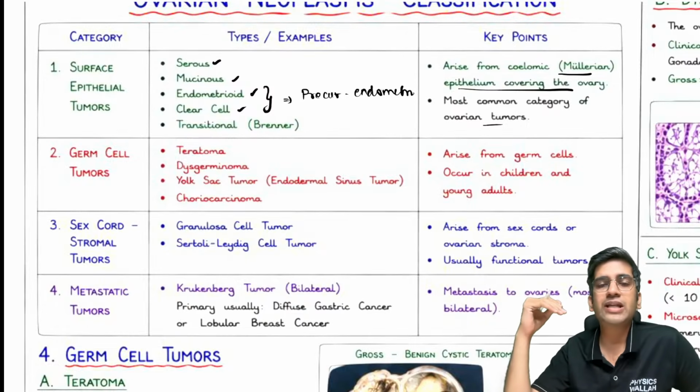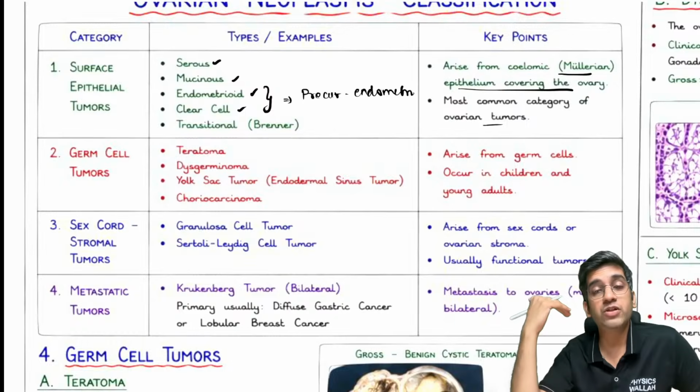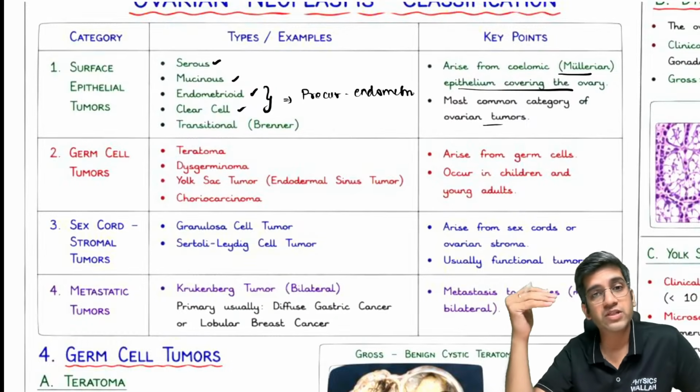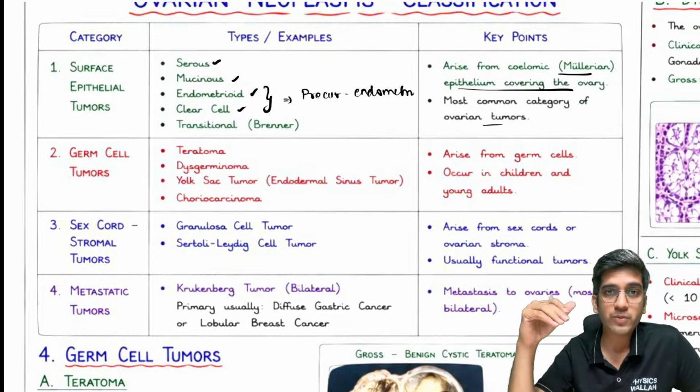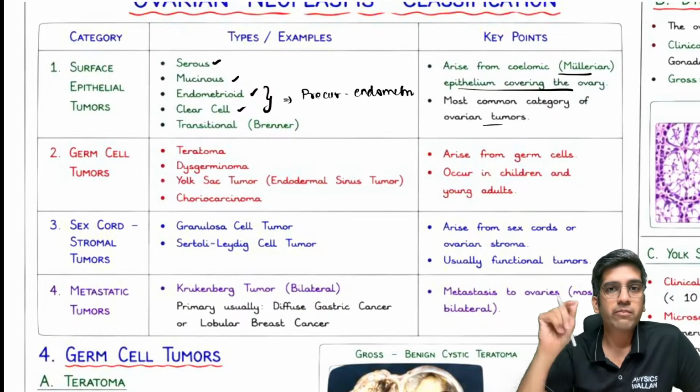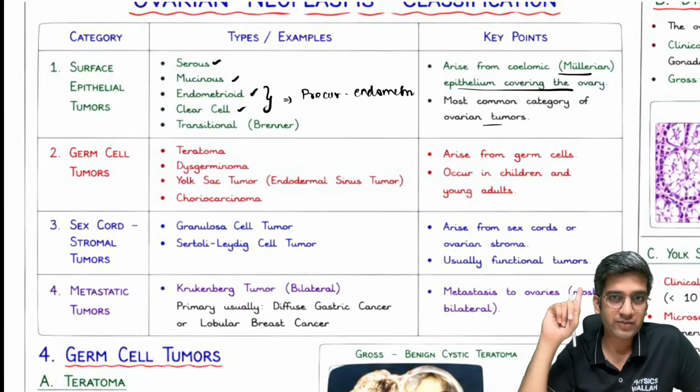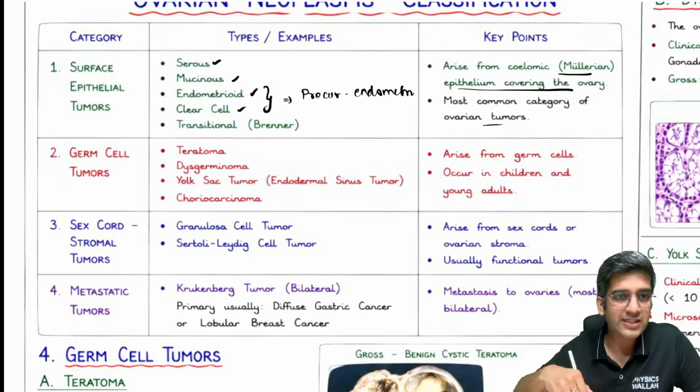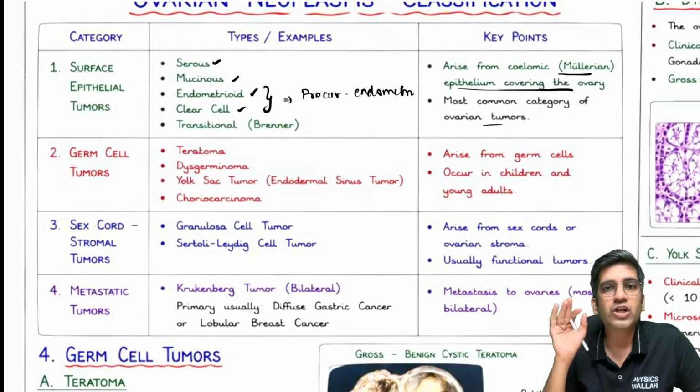Germ cell tumors are not that common, but your epithelial ovarian tumors are definitely more common than germ cell tumors. We learn germ cell tumors more because of the age group in which they are affected. Fine. And all these 5 types, it's not just benign.